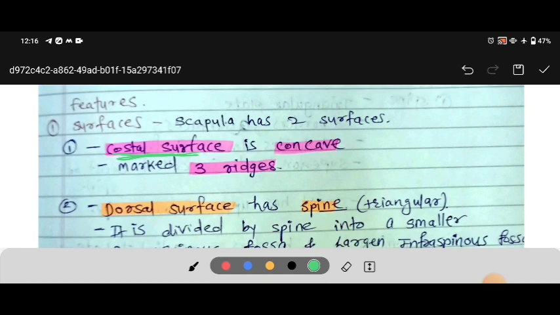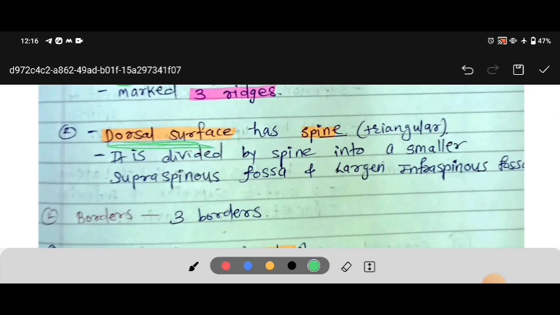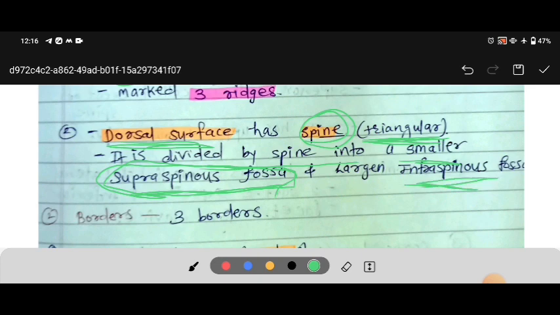And the dorsal surface has a triangular spine. It is divided by the spine into a smaller supraspinous fossa and a larger infraspinous fossa. The supraspinous fossa of the scapula is smaller than the infraspinous fossa, which is present on the dorsal surface and is larger.